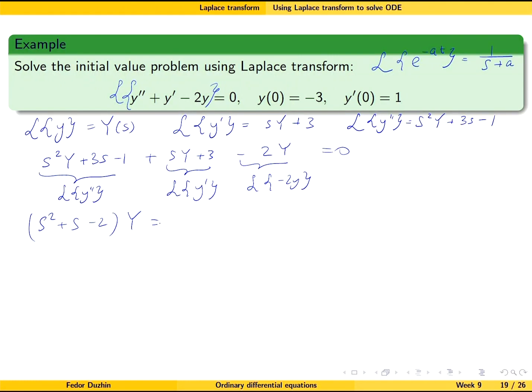I have 3s here, so it becomes minus 3s. And plus 3 becomes minus 1 plus 3 is plus 2, so minus 2. Then solving for Y, I get Y equals minus 3s plus 2 divided by s squared plus s minus 2.